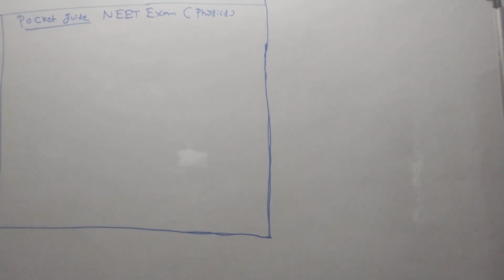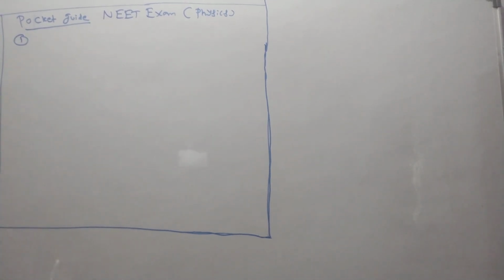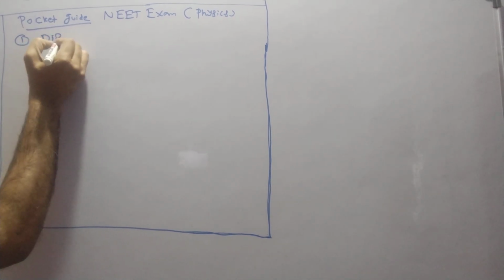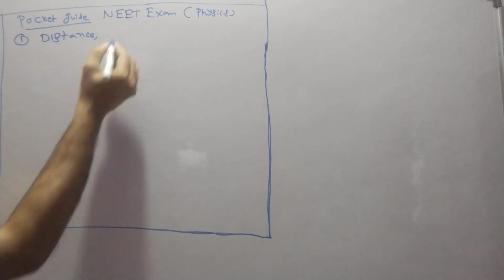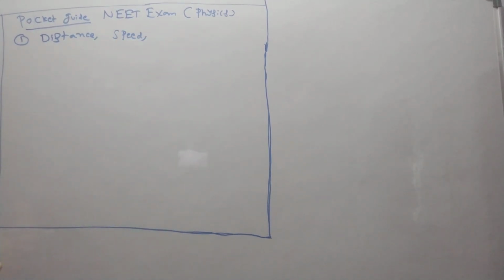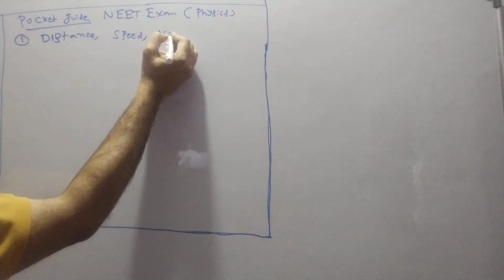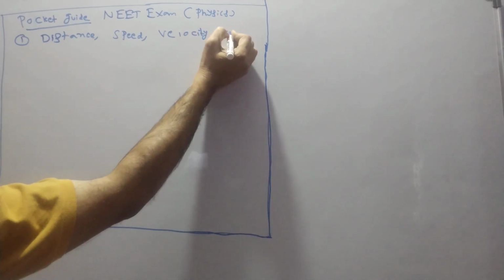So point wise here we will discuss and I will write all the points here, right? Now first point is, if a motion of the object is in a straight line, we have distance, speed, velocity, and acceleration.